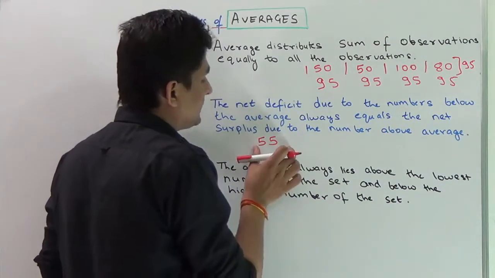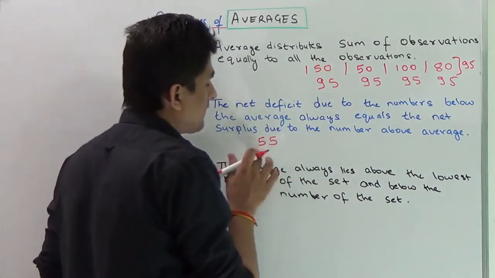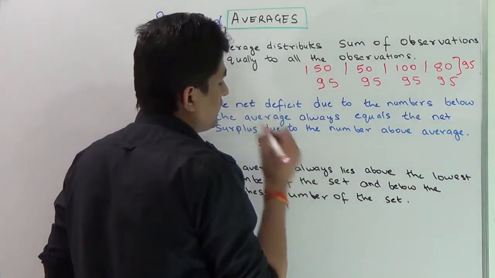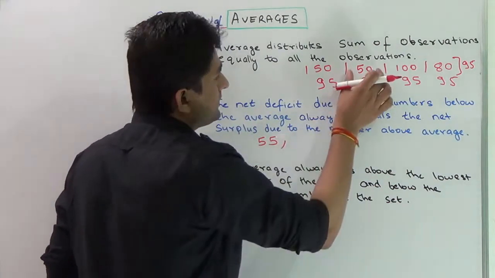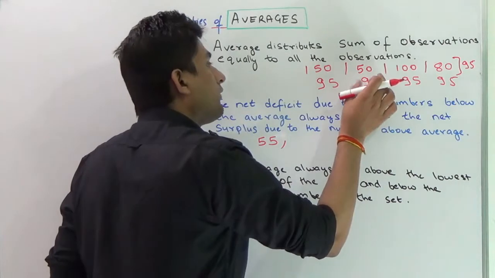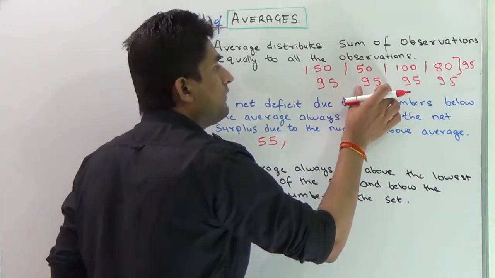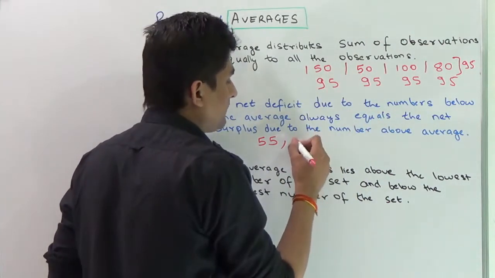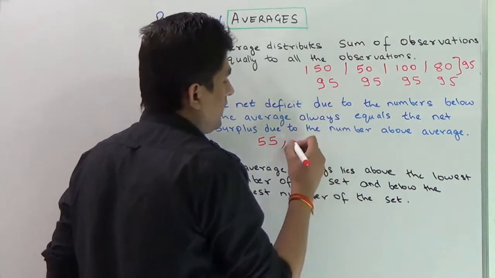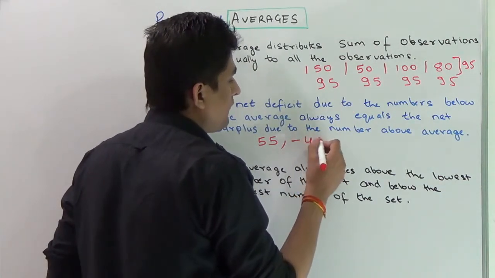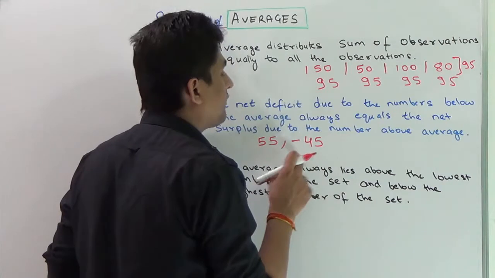Okay, this is the surplus amount, and so I have taken a positive sign here. If I subtract 95 from 50, I'll get some deficit amount. That means minus 45, it's a deficit amount.